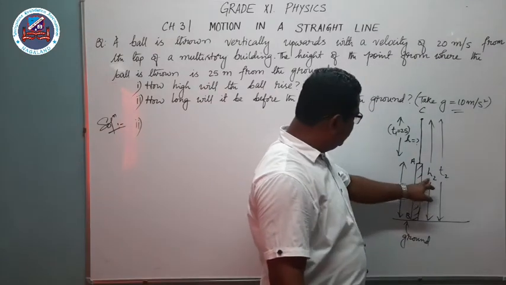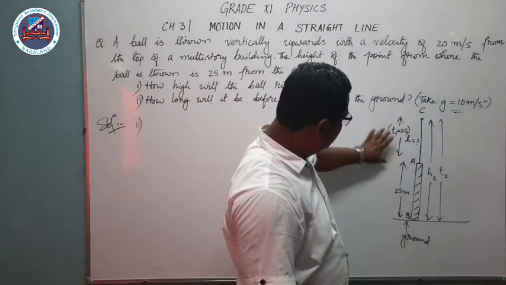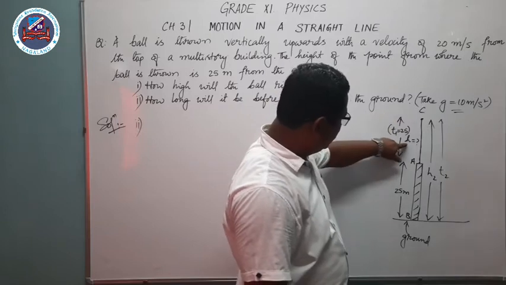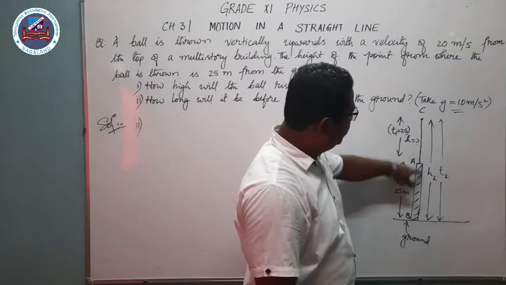This H2 you already know. H2 is equal to 25 plus H. That is 20 we found out. 25 plus 20 will be 45.